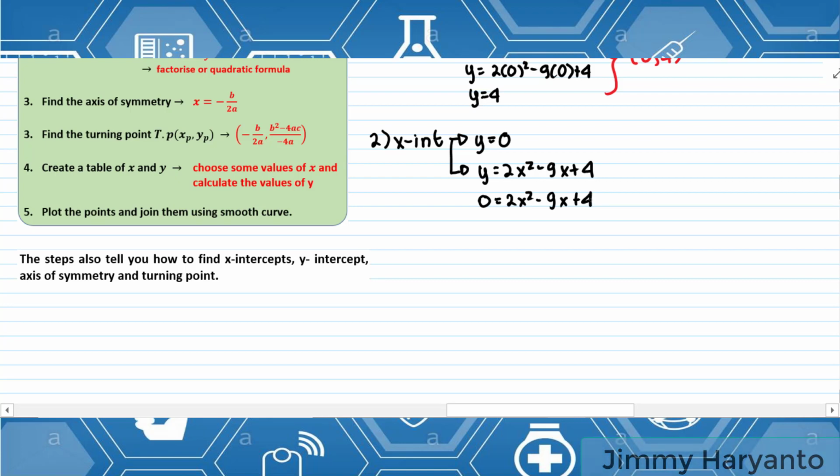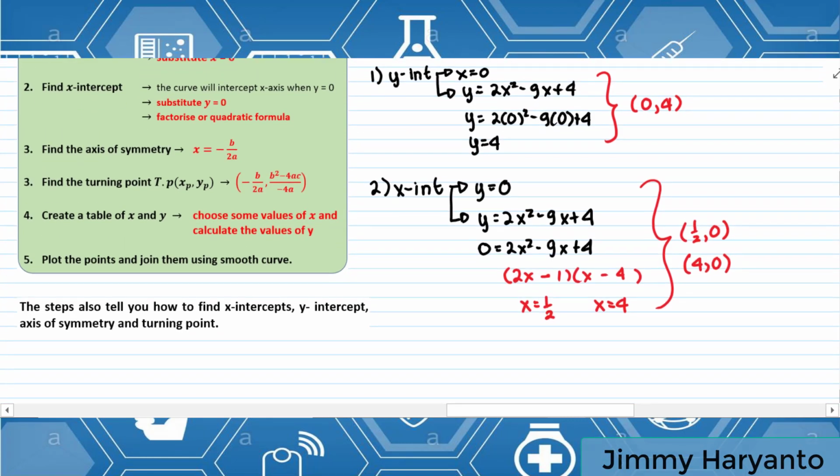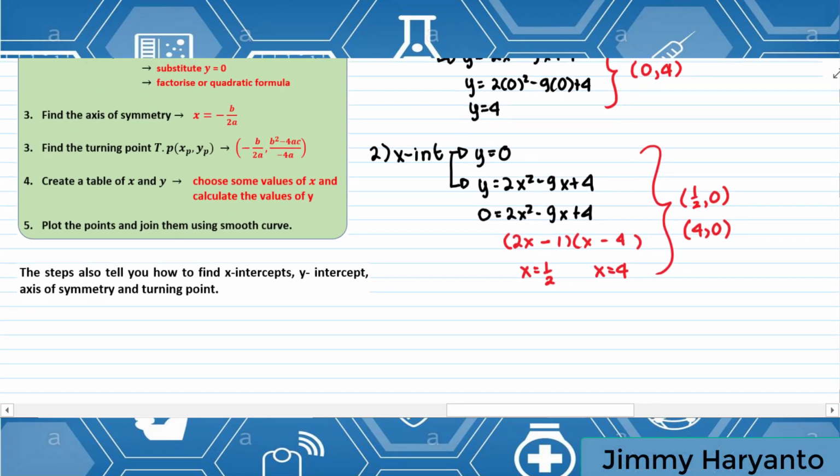As you can see, now the function becomes an equation. Equals 0 means equation, so you have to factorize it into (2x minus 1)(x minus 4). You will get the values of x. For the first one, x equals a half. For the second one, x equals 4. So you will have 2 points: (half, 0) and (4, 0). Until now, we already have 3 points to plot.